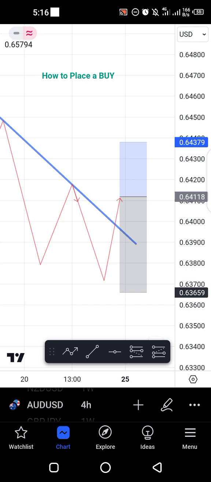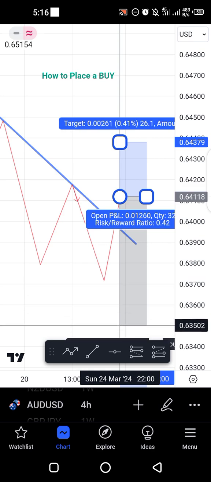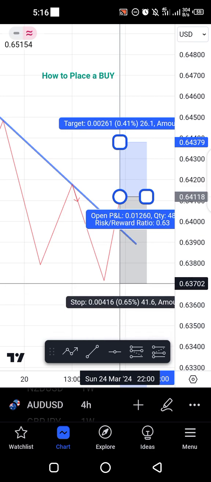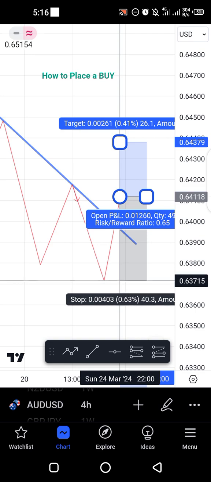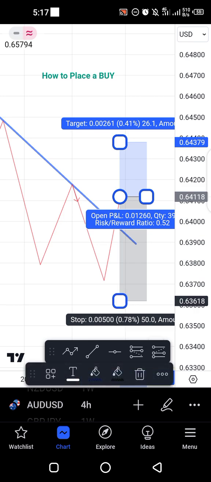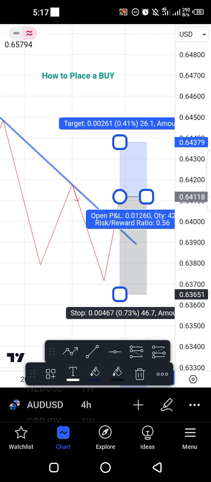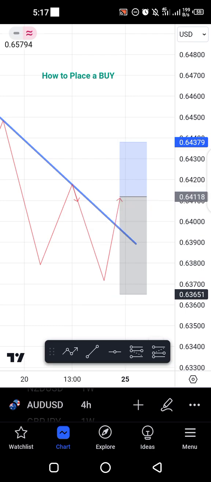So you want to make sure you give room for your stop loss. Not too much like this, but at least it should not be too close. Give some room, right? Then maybe this is too much. We'll still work on giving the right amount of space for our stop loss.